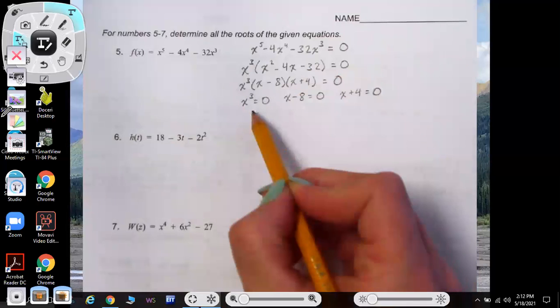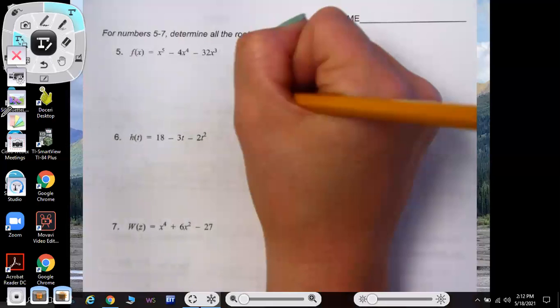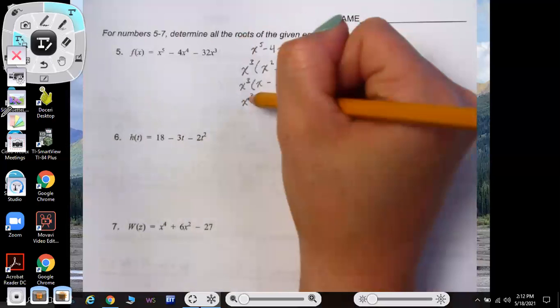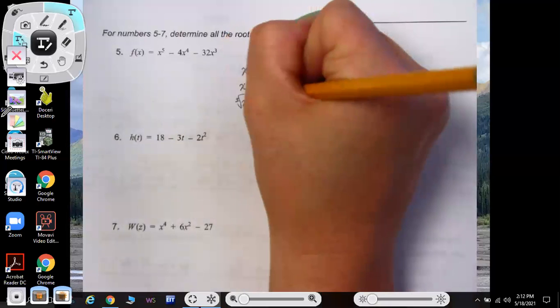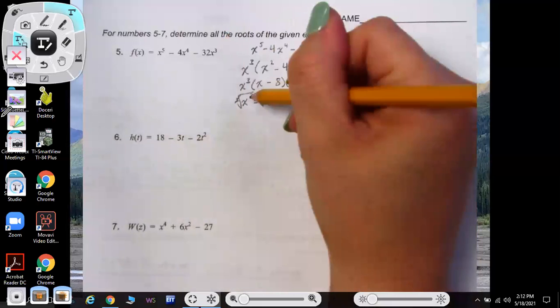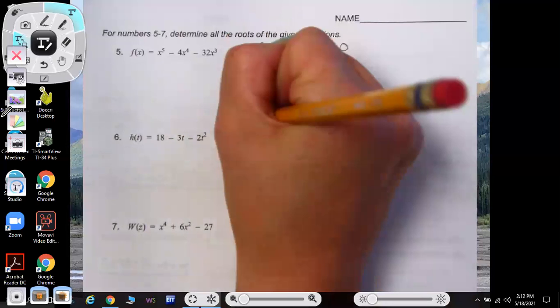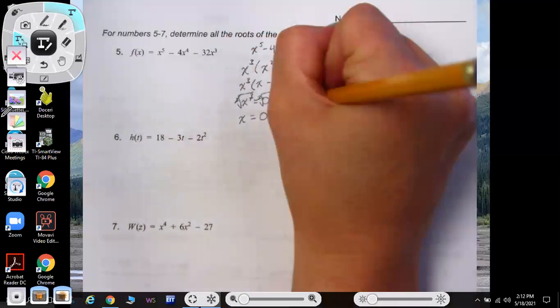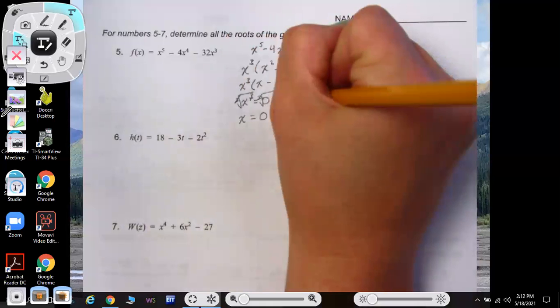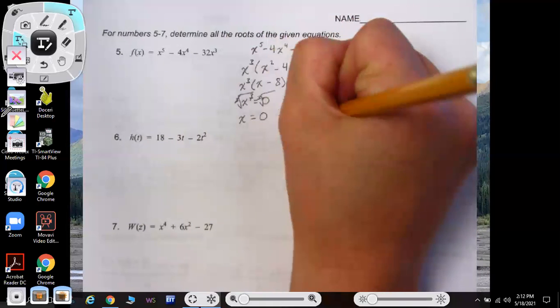Now we just solve each one of these equations separately. So to get x by itself here, we have x cubed. We'll take the cube root of both sides. The cube root and this exponent of 3 cancel and leave us with x. And the cube root of 0 is 0. To solve here, we add 8 to both sides to get x equals 8.